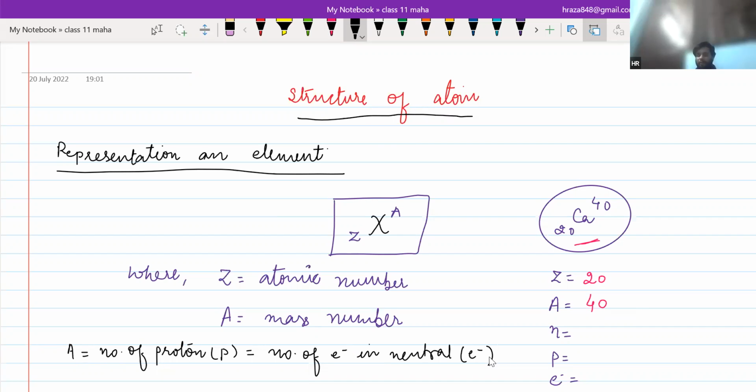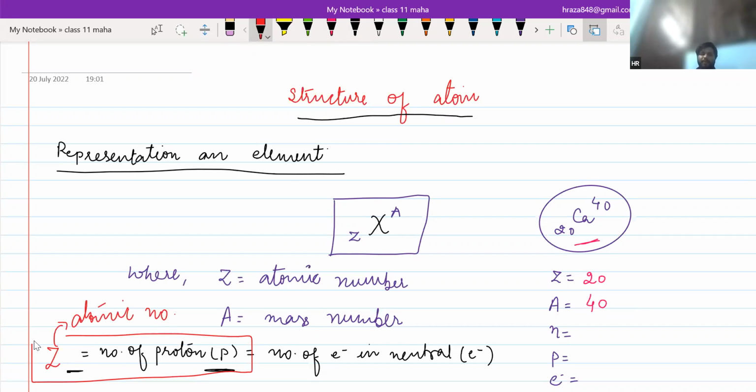So electron can be lesser or more, but proton is fixed. Proton will always be equal to atomic number Z. So number of proton will be 20.